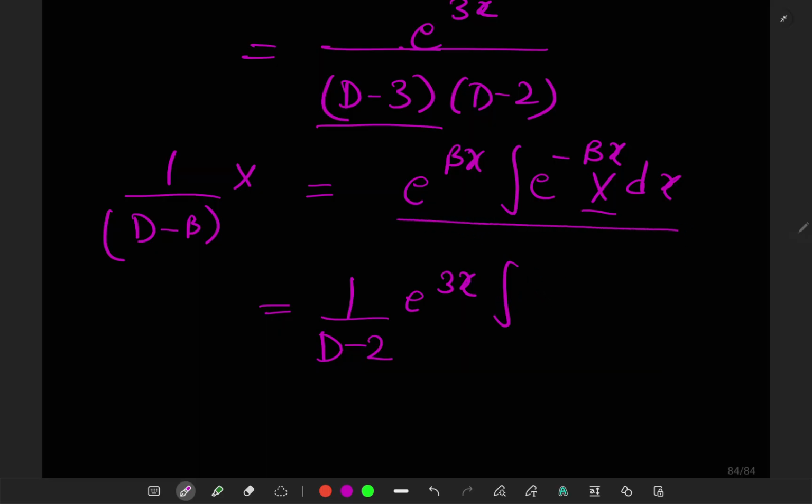Similarly doing this here, beta is equal to 3, so we can write here e raised to power 3x, and inside we can write here e raised to power 3x minus 3x as using this formula into x, where x is e raised to power 3x. So we can write here like that.